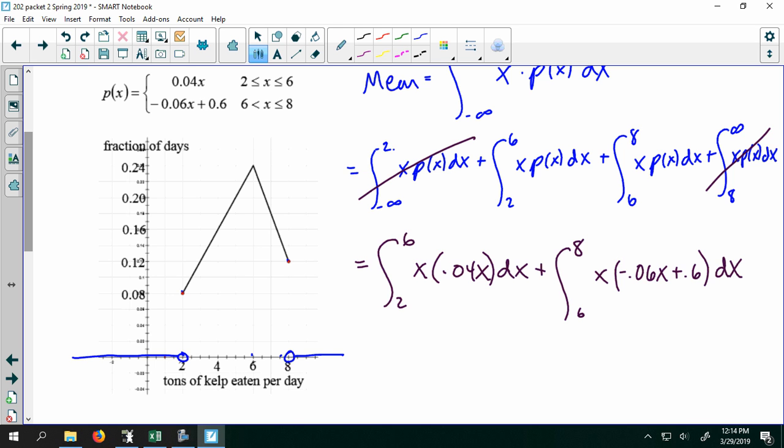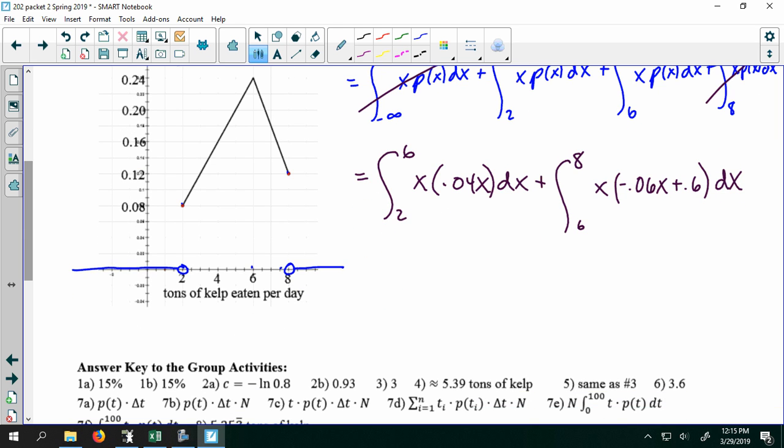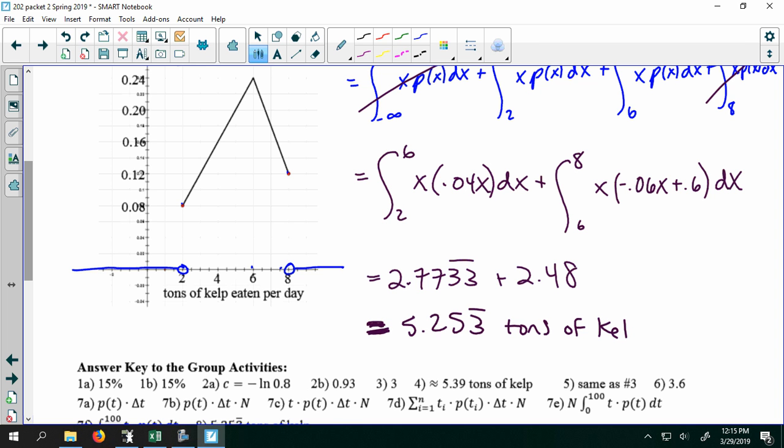And then these are fairly straightforward to do by hand, or you can put them in a calculator. You get 2.7733 plus 2.48, and that's approximately 5.253, or it's exactly 5.253 tons of kelp. Is the average tons of kelp per day that the whale consumes.